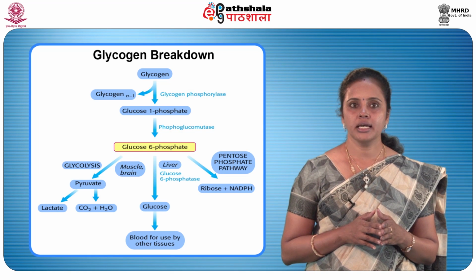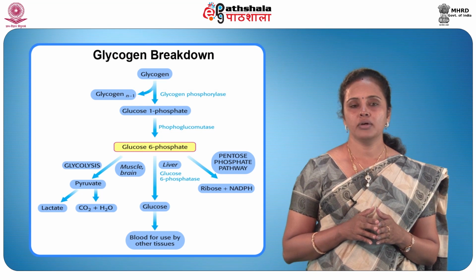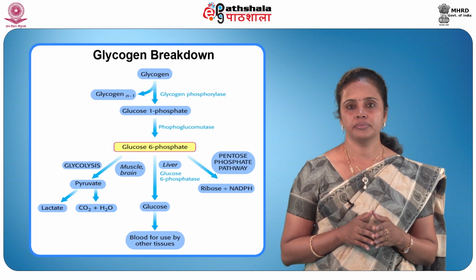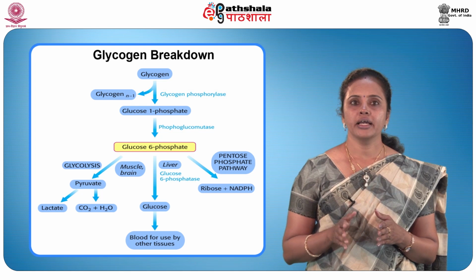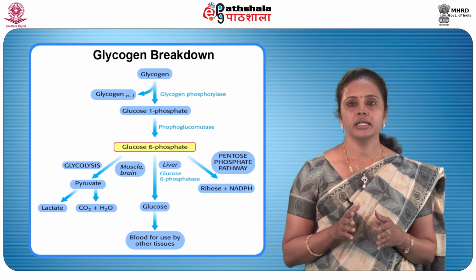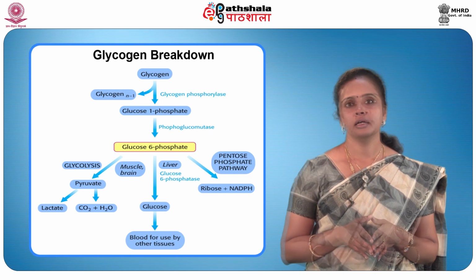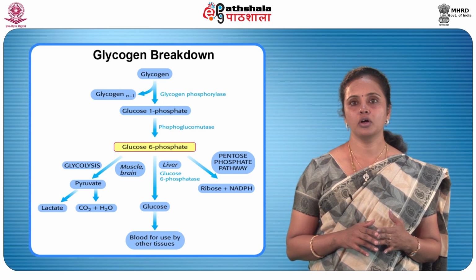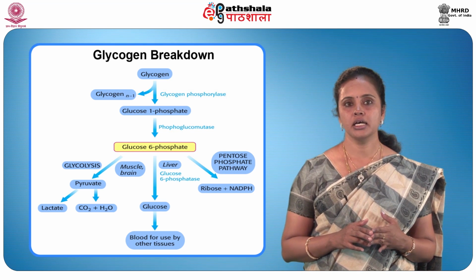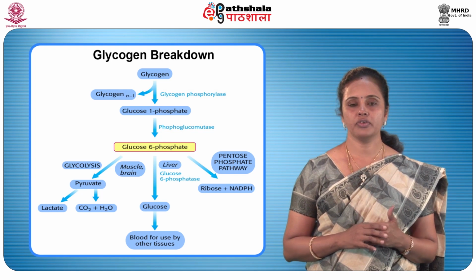Then another enzyme called alpha 1,6 glycosidase cleaves the alpha 1,6 glycosidic linkage, after which the glycogen debranching enzyme removes branches so that glycogen phosphorylase can complete the reaction. There is an enzyme called phosphoglucokinase which phosphorylates glucose 1-phosphate to form glucose 1,6 bisphosphate.